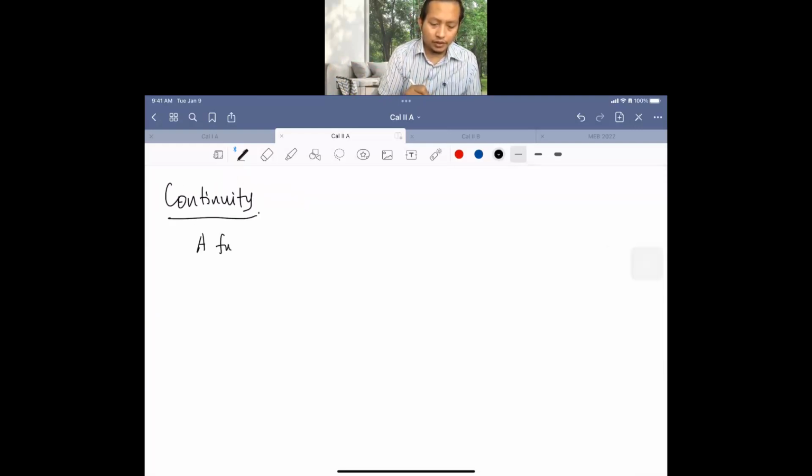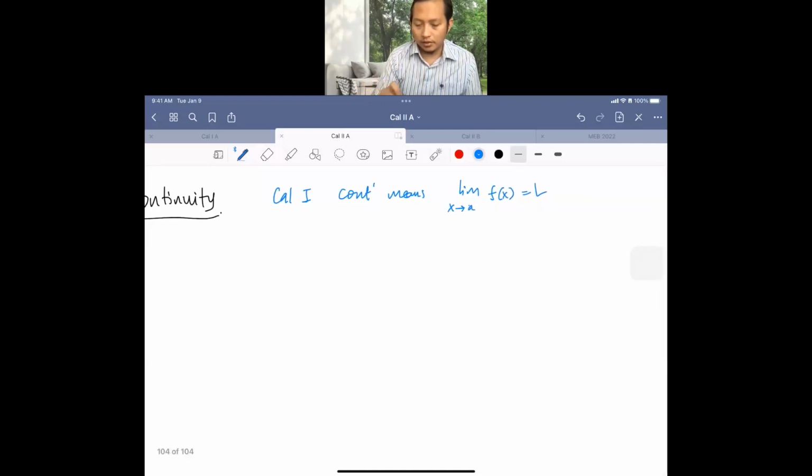For a function of two variables, or maybe let me just review a little bit of calculus 1. Continuity means the limit exists as L, and the limit is equal to the function value at that point. That means it's continuous.